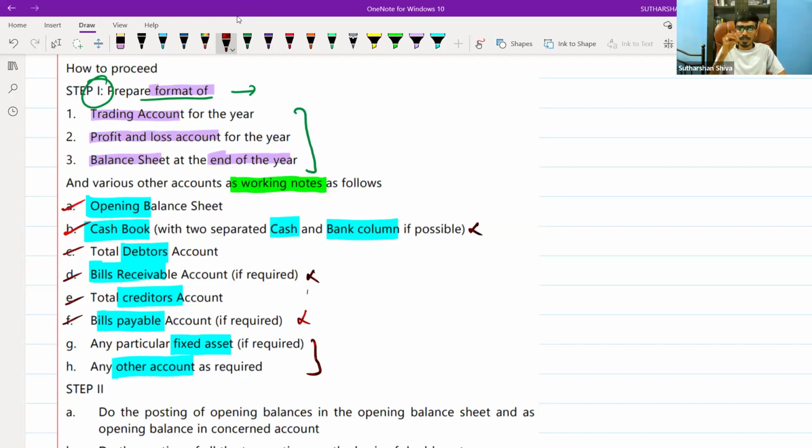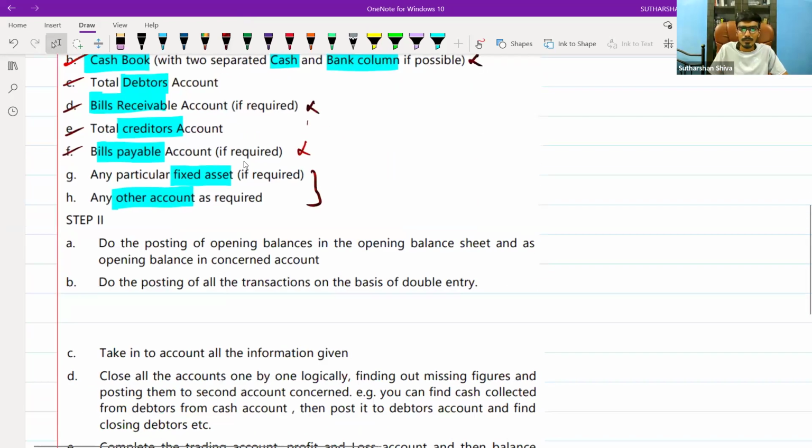Format is done, working note format is done. Then you should prepare a format of these 3 also, and a format of these 6 also. Then what is the next requirement? Step 2: do the posting of opening balances in the opening balance sheet. Simply look at the question, take the opening balance, post it in the opening balance sheet, and post the opening balance in the concerned account.